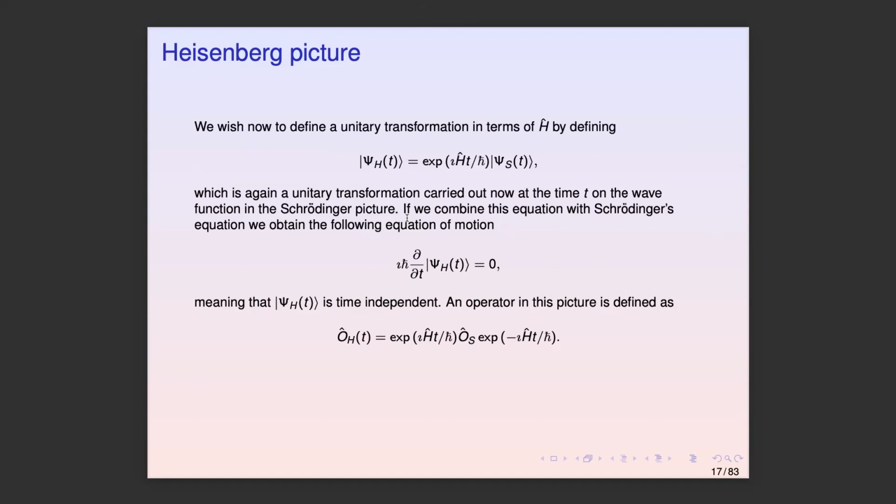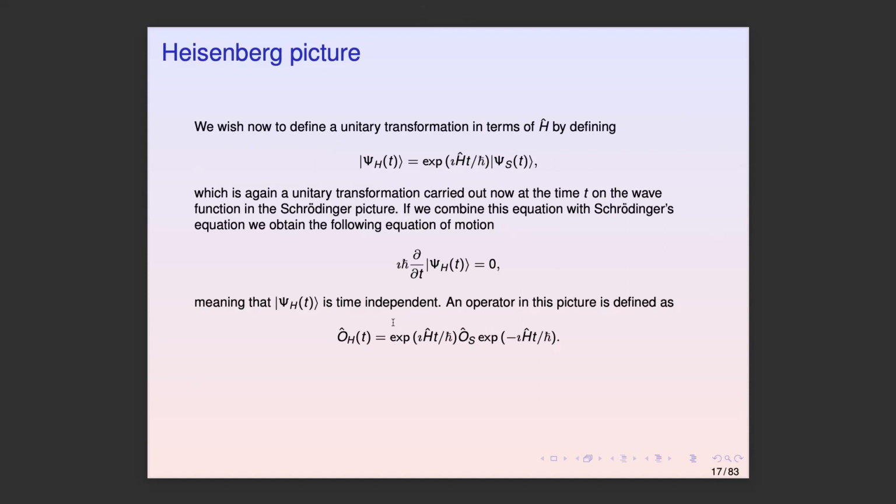Before we move on, there is another picture which is interesting for us, and this is the Heisenberg picture. And that's the one which is used when we are dealing with the Green's functions. So in a Green's function approach, we actually take another type of unitary transformation where we have the full Hamiltonian now acting on the wave function in the Schrödinger picture.